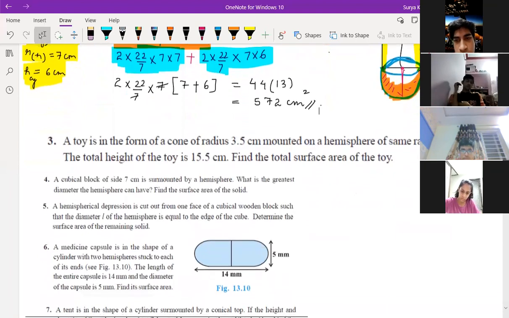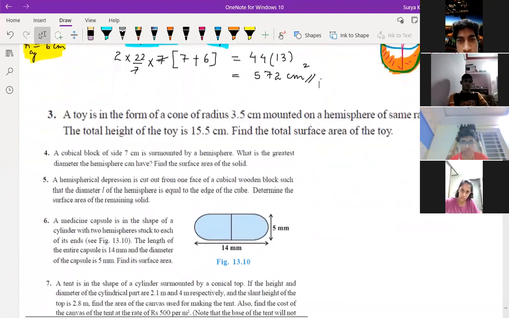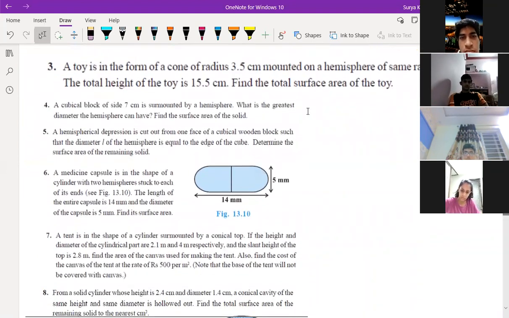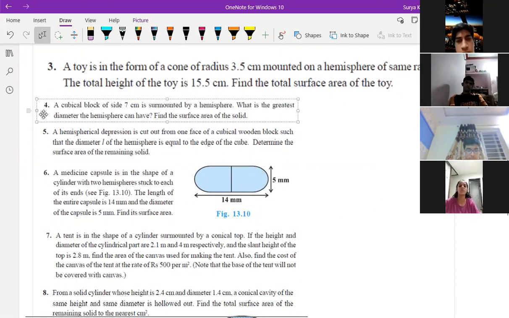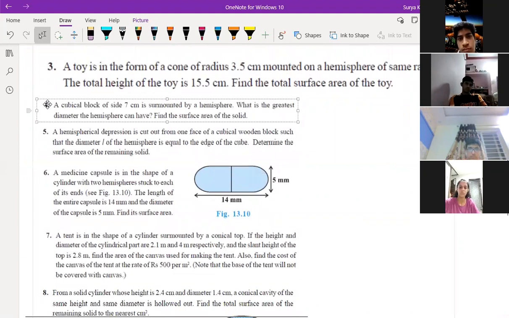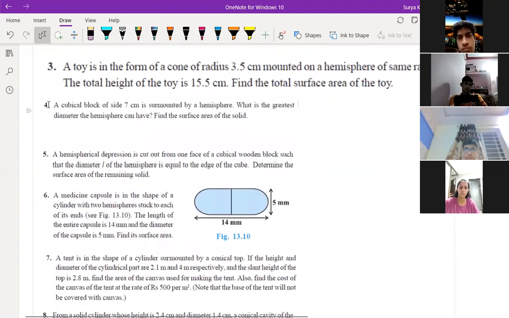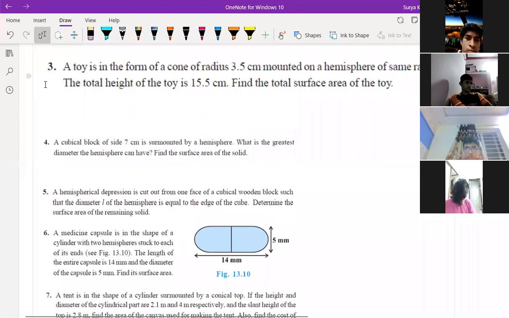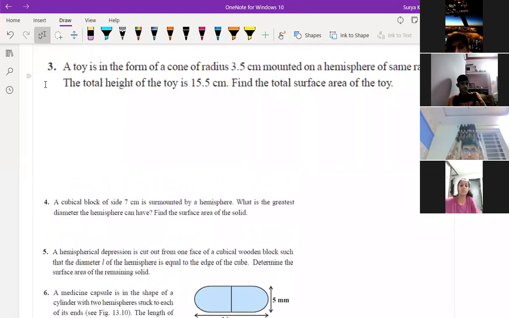A toy is in the form of a cone mounted on a hemisphere of the same radius.